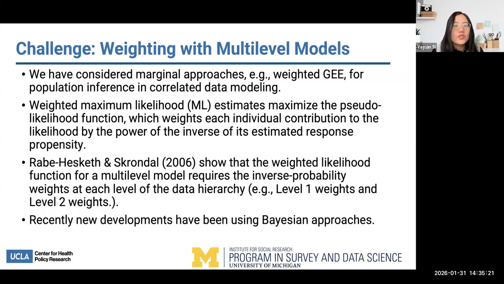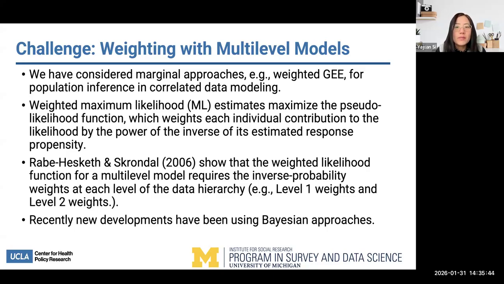So far, we have considered marginal approaches. When we model the Monitoring the Future longitudinal data, we used weighted generalized estimating equations, the weighted GEE, for population inference in correlated data modeling.